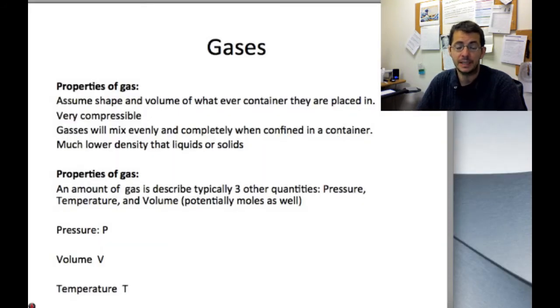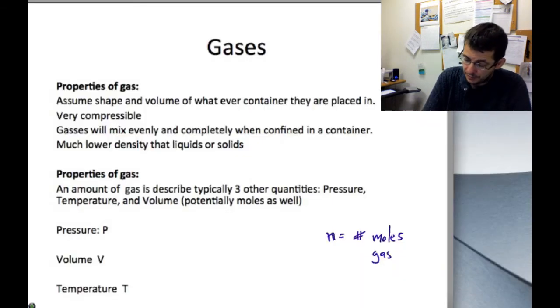Occasionally we will also use moles, which is given the symbol n in this discussion, and that is always representing the number of moles of gas. And so we can use the number of moles of gas to relate to each of these quantities: pressure, volume, and temperature.